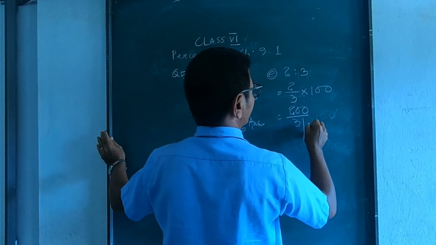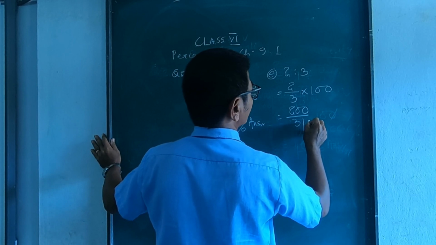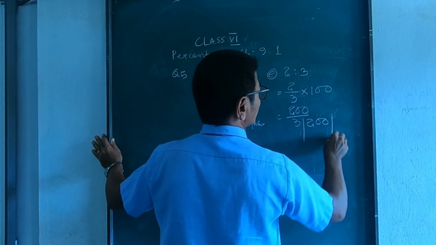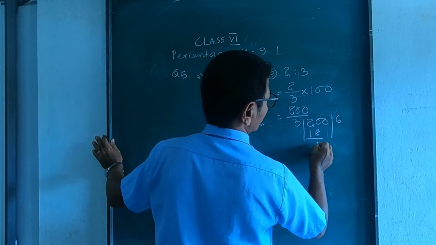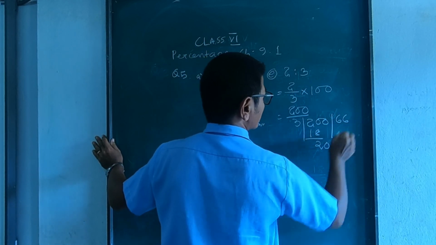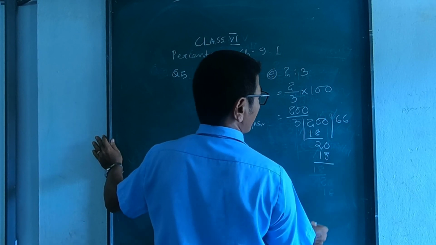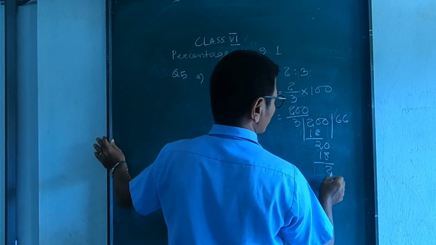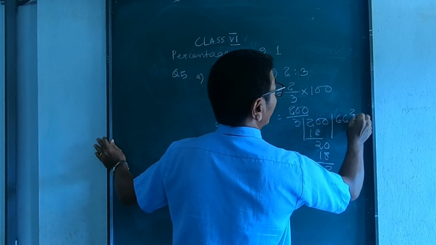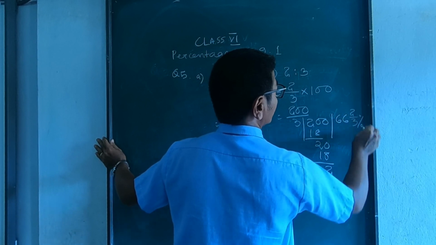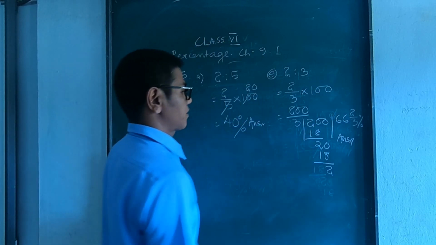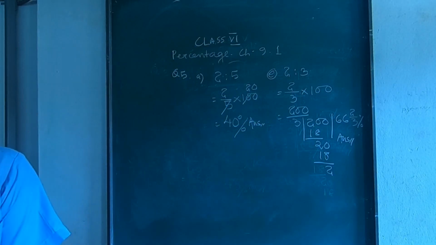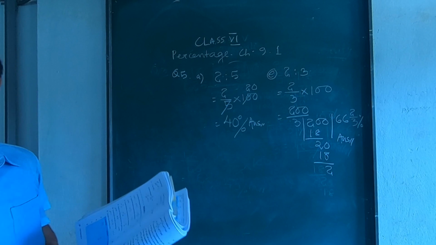We have earlier divided the same way. 6 threes are 18, so you will get 2 remaining. You can also write 66 2 by 3%. There's no harm; you can also write a decimal here. So we have reached till question 5.